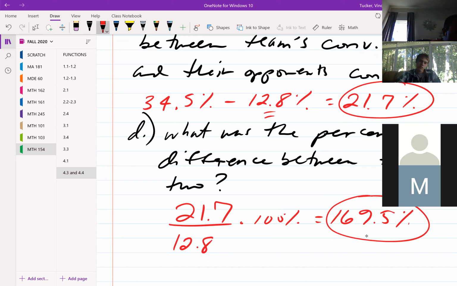And so you would say the team's conversion rate was 169.5% more than their opponents. So that's why you would use the 12.8 down bottom, because you're comparing the team to their opponents.